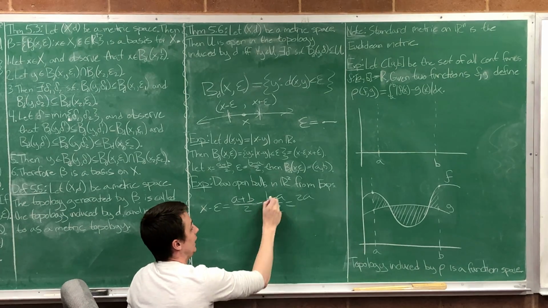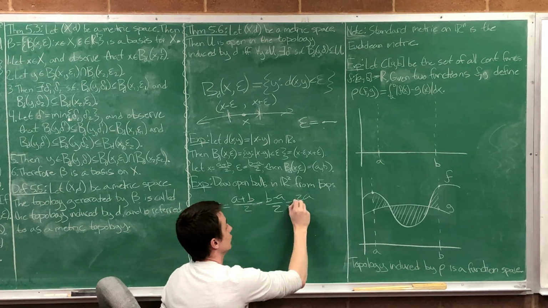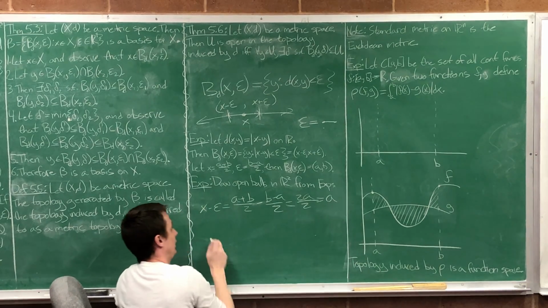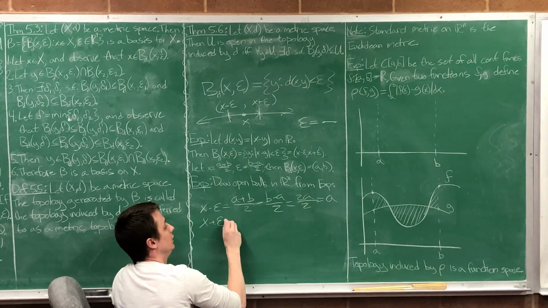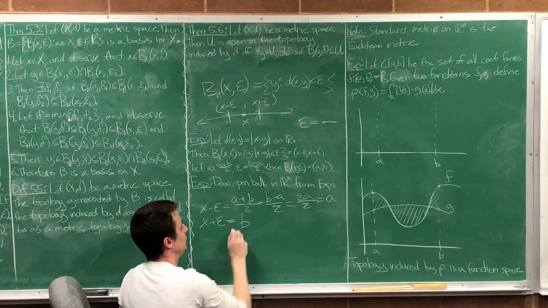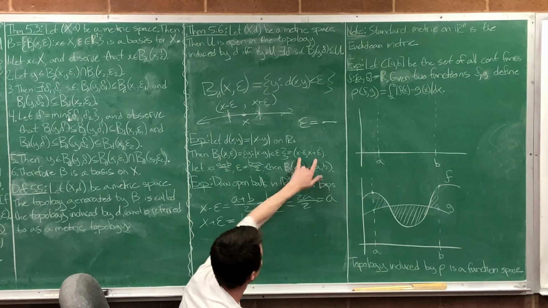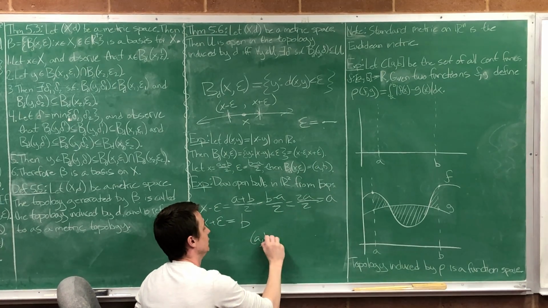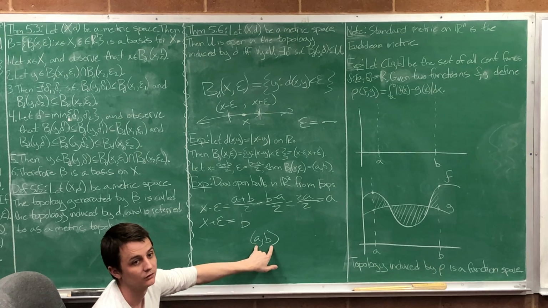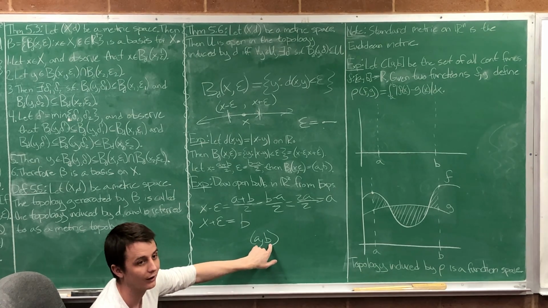And then b minus b is no b's. So 2a over 2 is equal to a. So x minus epsilon, same thing as a. Similarly, x plus epsilon, that just switches to a plus. So the a's cancel out, not the b's. It's just going to be b. So now this interval is the same thing as (a, b), which is exactly how we defined our open intervals with our standard topology on R.